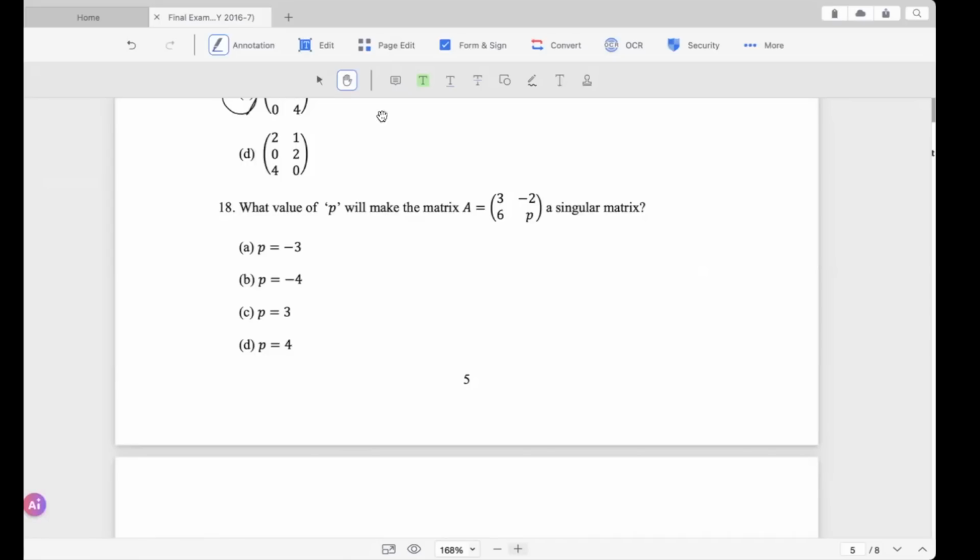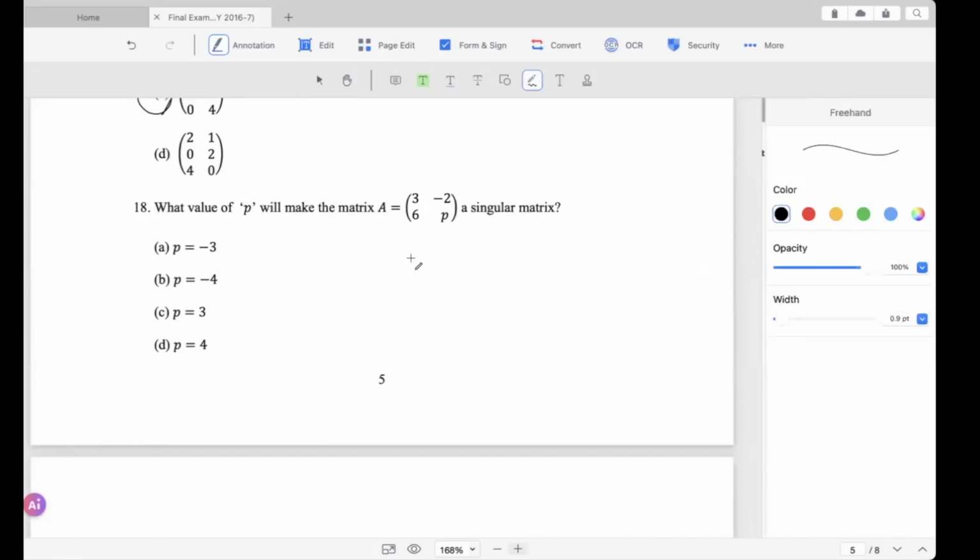So therefore, we are going to find a determinant. 3 times P, that's 3P, minus 6 times -2, that's -12, and then it's equal to 0.